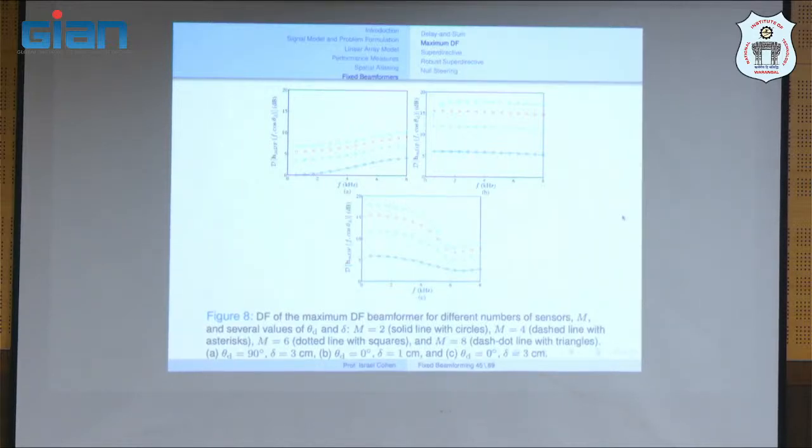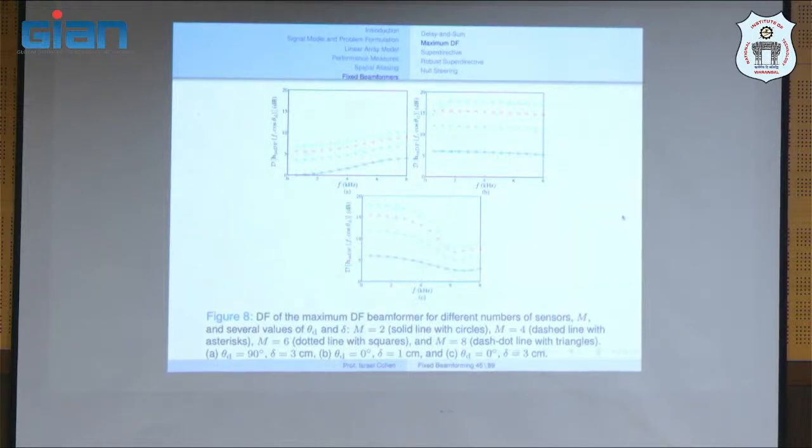So somebody took the array and designed a beamformer, assuming that he knows the direction of the desired source, and he tried to find the beamformer that maximizes the directivity factor, which is nice. It means that the gain in SNR, when you have a diffuse noise environment, the array gain, will be as high as possible, the maximum possible. Which means that if we design this beamformer and put the array in an environment with diffuse noise, it's optimal, the best one in terms of array gain.